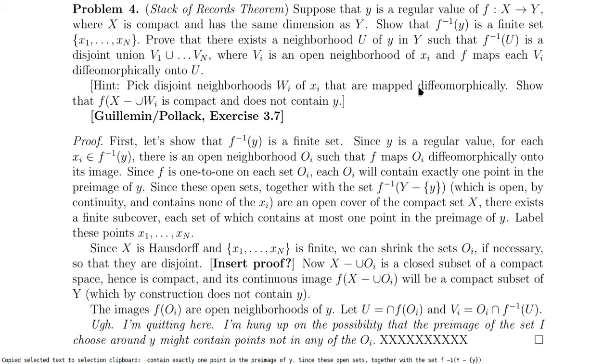Can't you do that, instead of defining U as the intersection, if you define U as the union of all these images, wouldn't that also work?